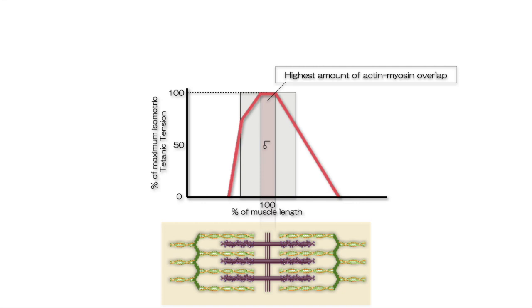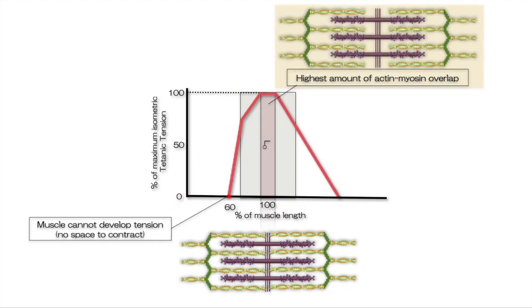And as you see here, in this range the muscle goes up to 60%, and the length of the muscle becomes so narrow, the Z discs become so narrow, there is no place for more contraction here. This is 60% of the optimal length, which will be about 1.60 micrometers of sarcomere length. There is no space for contraction anymore.